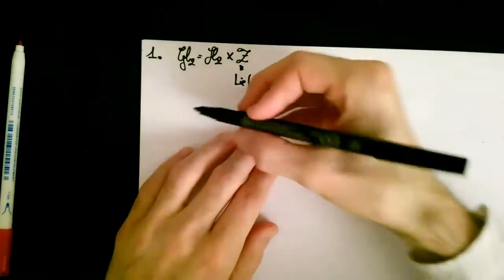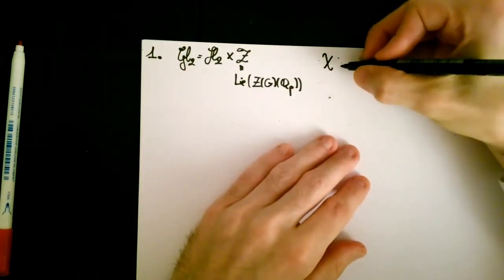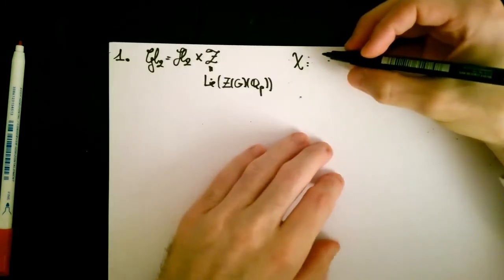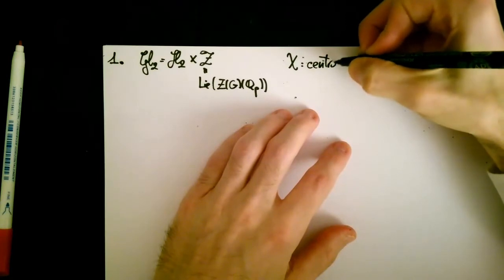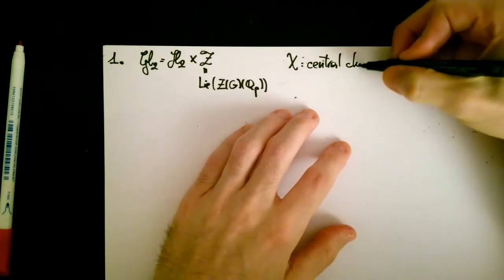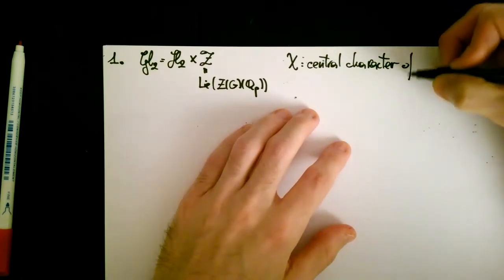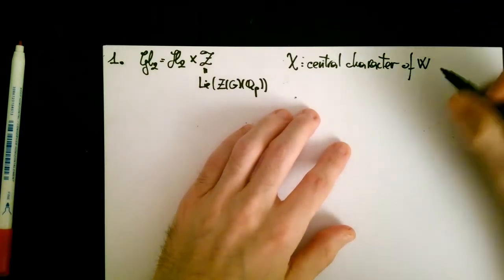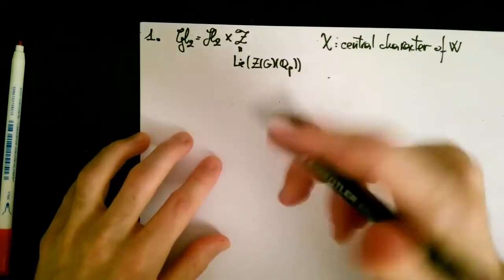All right, let's write chi to be the central character of our algebraic representation. So this is the central character of W. So let's take back the decomposition that I wrote just before.